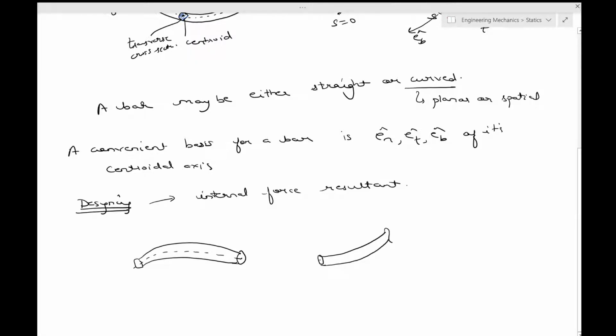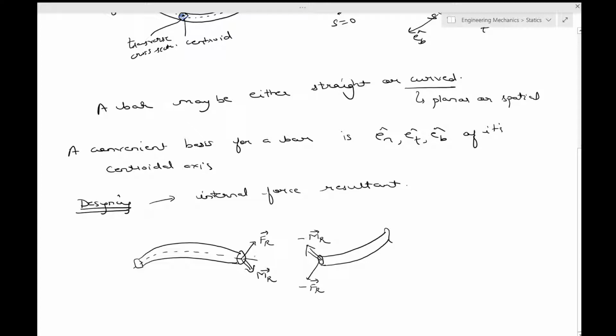Okay, so at C we have this F_r, the resultant force. Over here we'll have minus F_r. We'll have the resultant moment M_r, and a resultant moment minus M_r.